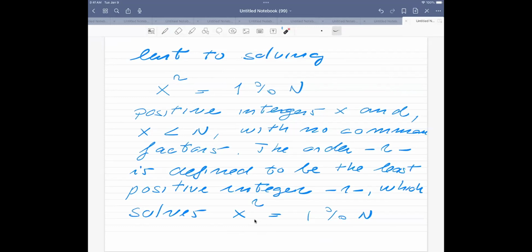If this number which you pick randomly does divide N, then you got lucky, and you have a factor already. So to find this order, you would simply try to solve this equation, and you want to go on till you have a solution to that problem.